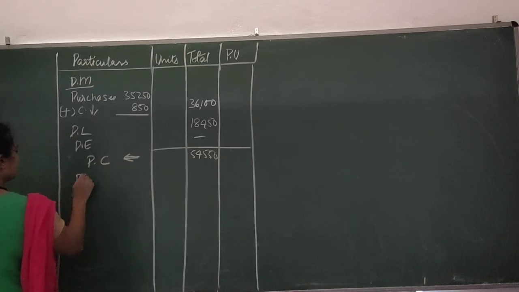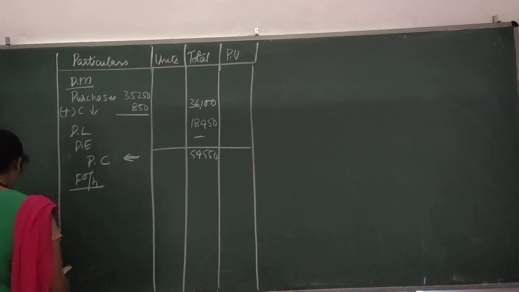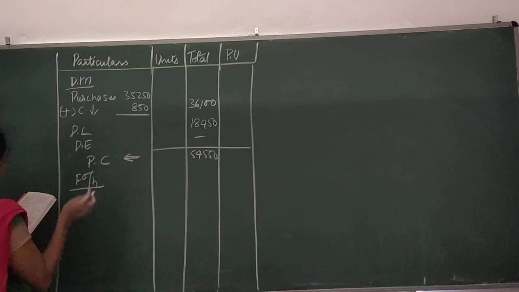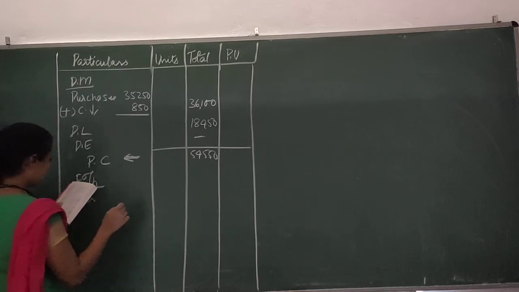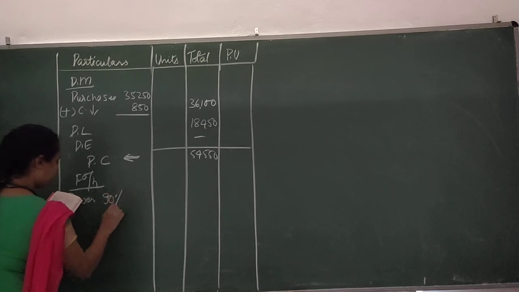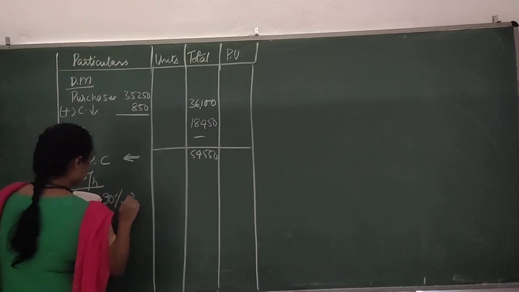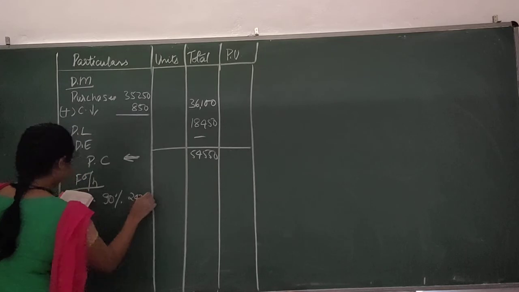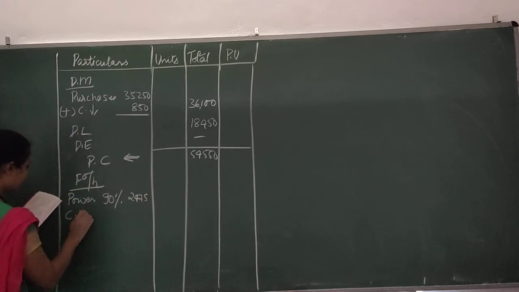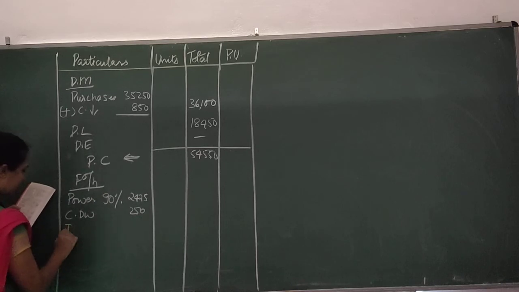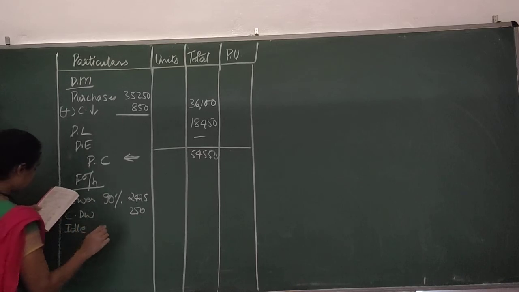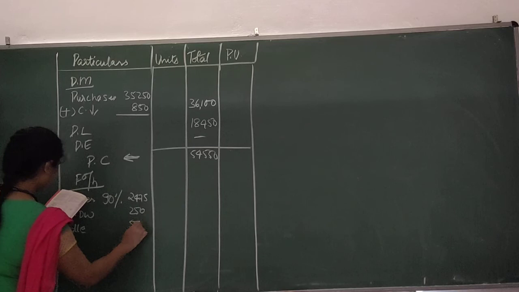After that it is factory overhead. You are taking your power, that is 90% power is used, so it comes around 2,475. Cost of defective work, which is 250. Idle time, which is 500.